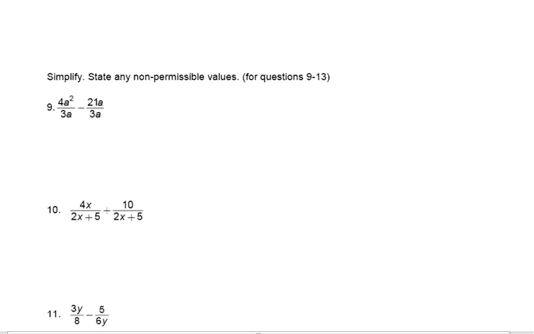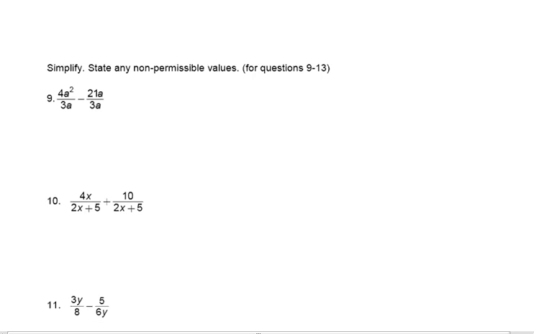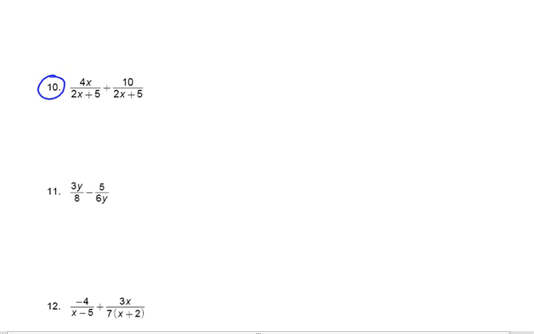Let's go on to the next page and start with subtraction, because this is where it gets tougher. Okay, if we have the same denominator, what are we going to do? Can we go straight to adding and subtracting? Yes. 4x plus 10 all over 2x plus 5. We can just add the numerators and write it over the same denominator.